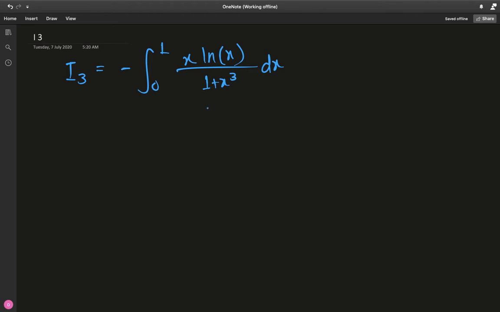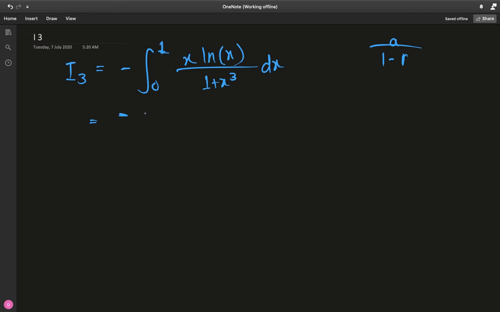So notice that the interval is from 0 to 1, and we have something of the form a over 1 minus r. Here r is negative x cubed. There's an indication that we can use a geometric series, because again our common ratio r is within the radius of convergence, which is between 0 and 1.